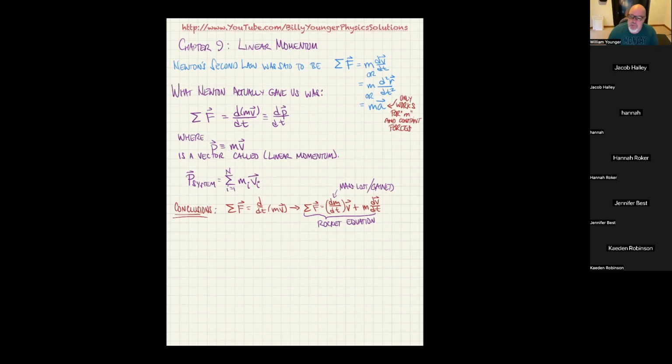Another conclusion we might find, though, is kind of neat. Before, the summation of forces is equal to ma, which implied that the summation of forces equals 0 gives us a equals 0, which implies what we called statics.